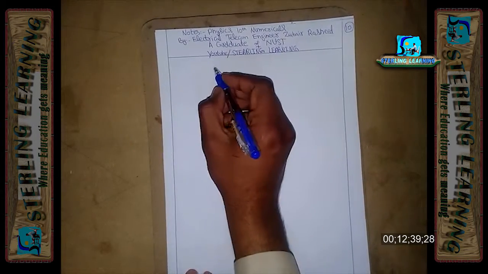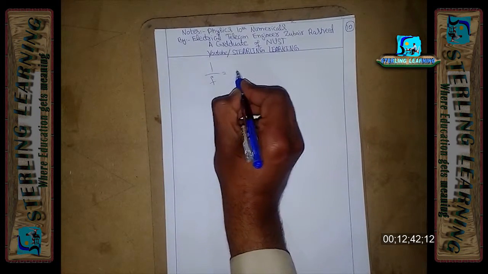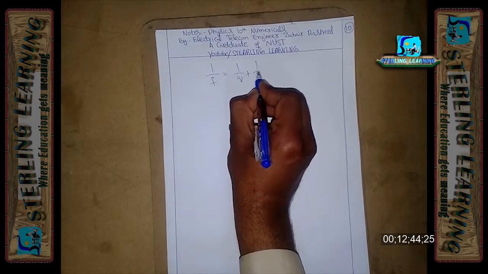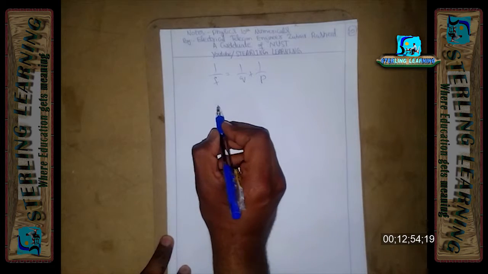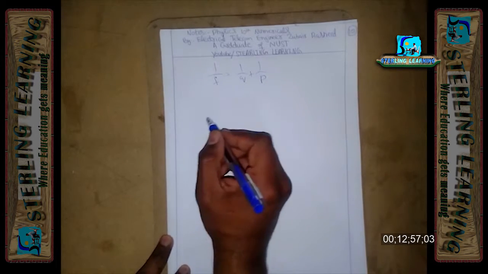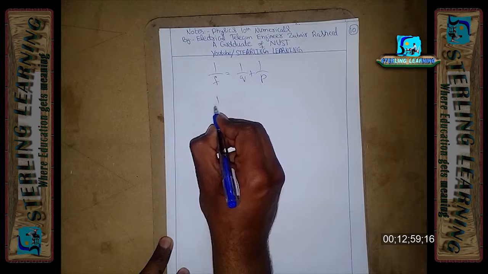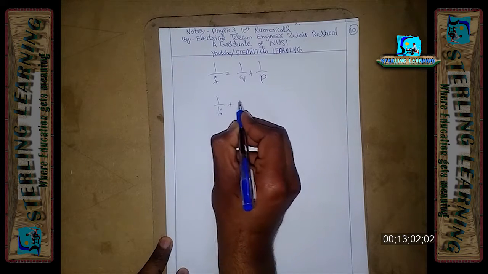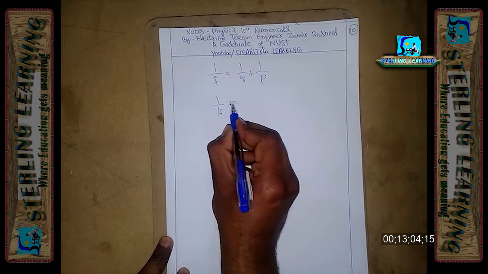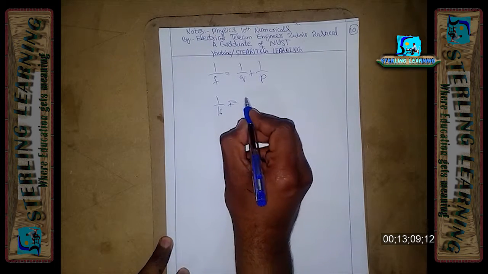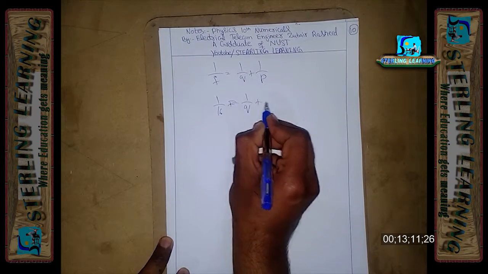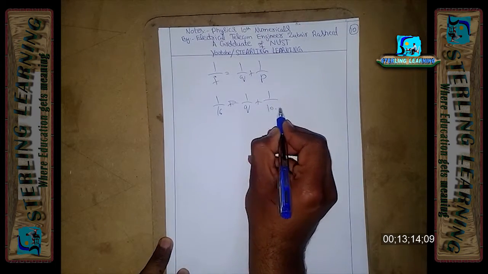So using the formula 1 over f is equal to 1 over q plus 1 over p, we can calculate the image location. 1 over f, the value of f is given as 16. 1 over 16 is equal to 1 over q, which is to be calculated, plus 1 over 10.5.